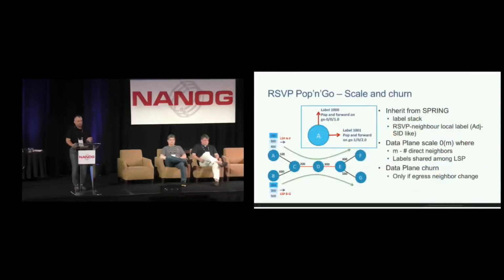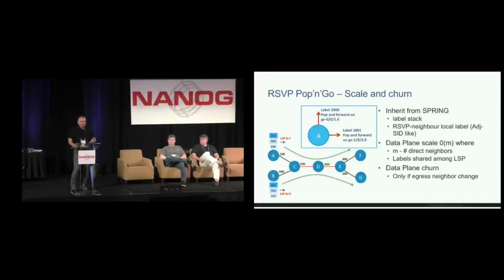RSVP Pop and Go is a new concept which inherits the Spring label stack, but keeps the RSVP control plane. As a result, we reduce the number of states and consequently the number of churn needed between control plane and data plane. How does it work?